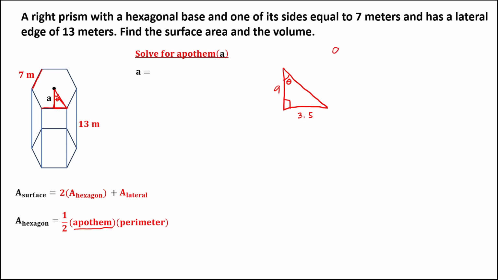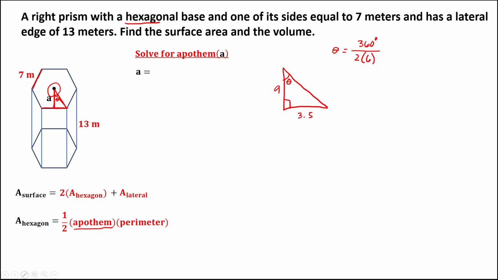Then to find theta, we can use this formula. That's equal to 360 degrees, because one rotation is 360, over 2 times the number of sides. Since a hexagon has 6 sides, so times 6.